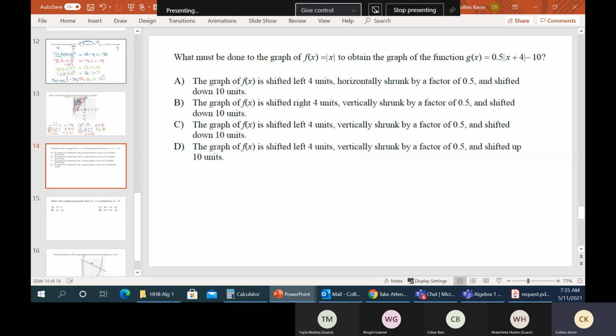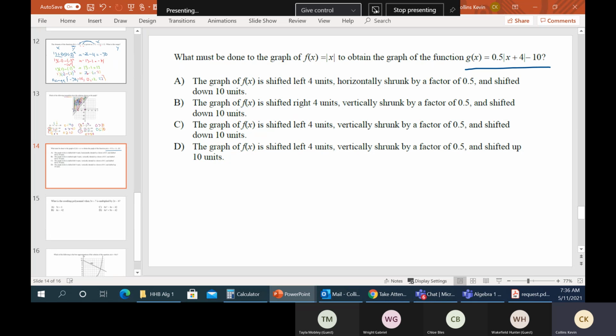Okay, so it says, what must be done to f of x equals the absolute value of x to obtain this function here? All right, so let's break this down a little bit. And by process of elimination, we can figure out what's going on.